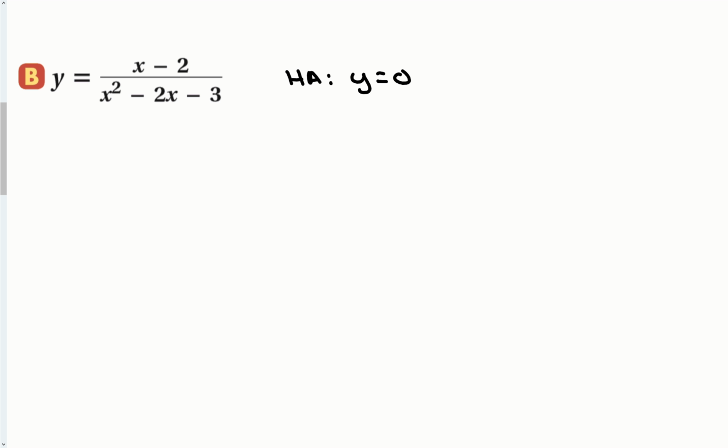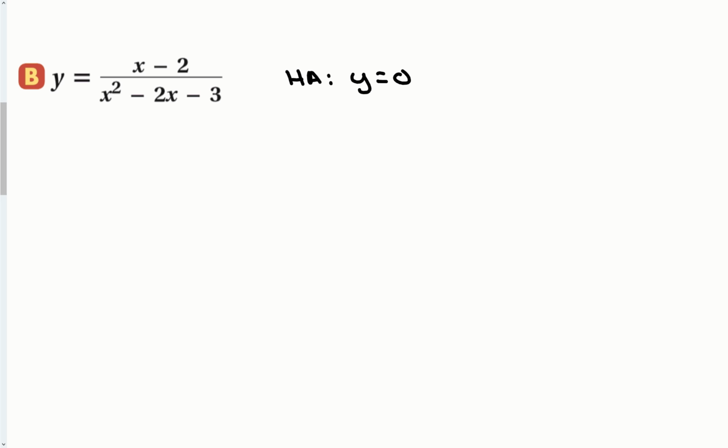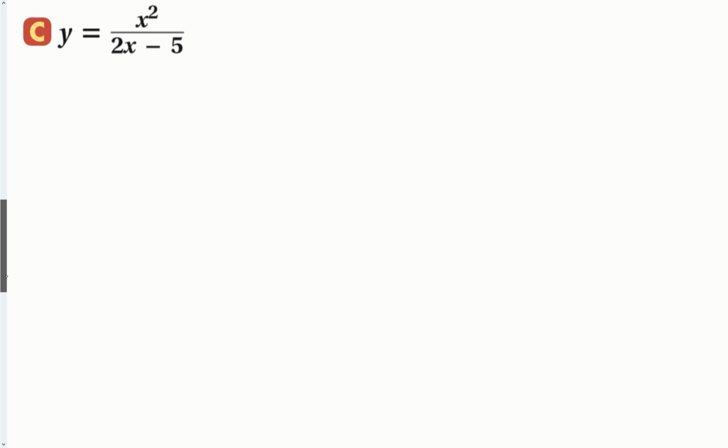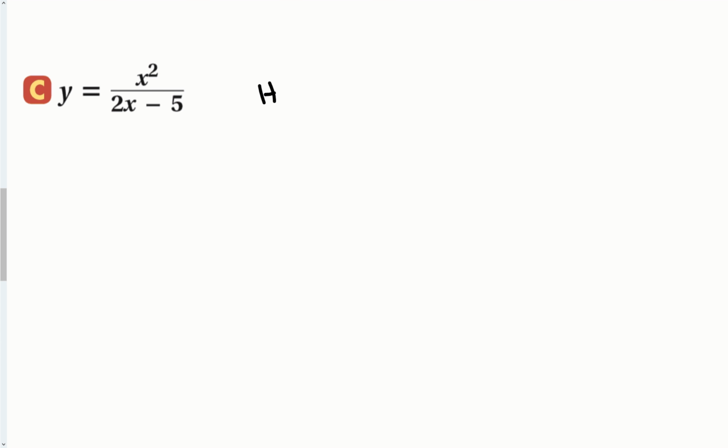But to just answer this question about the horizontal asymptote, we leave it in its unfactored form. And here, for this problem, the numerator is bigger, so horizontal asymptote, there is none. So if the degree of the numerator is bigger than the degree of the denominator, there is no horizontal asymptote.